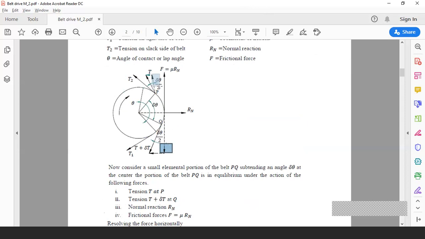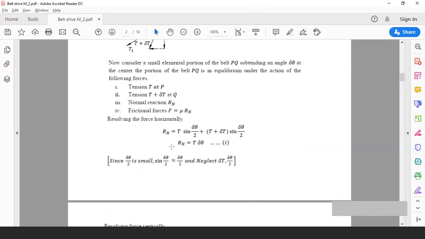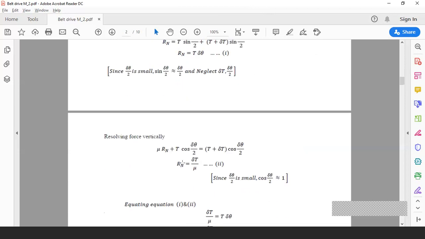Another component is acting vertically upward, T into cos of delta theta by 2. So F, that is mu Rn, is equal to T plus delta T into cos of delta theta by 2 minus T into cos of delta theta by 2. This is the equation that you have to write here. The upward forces are written on the LHS and the downward force on the RHS.